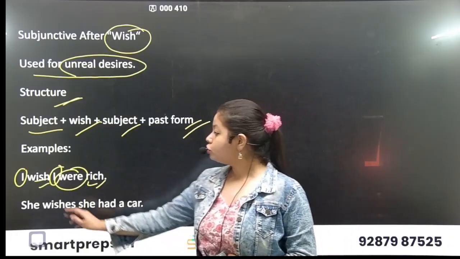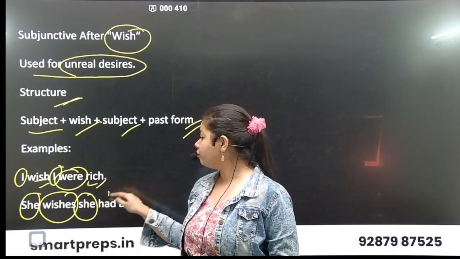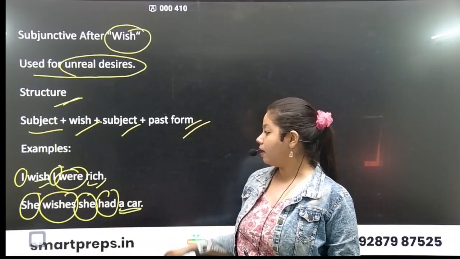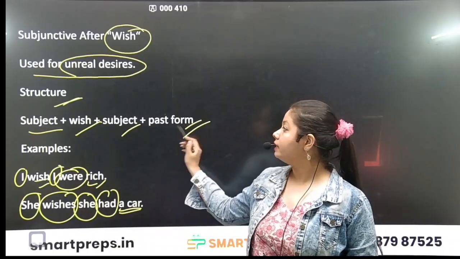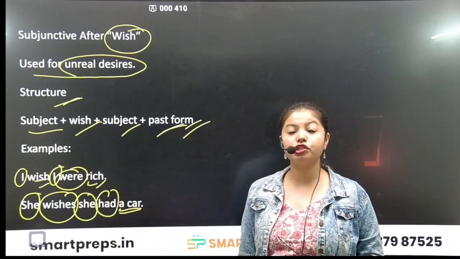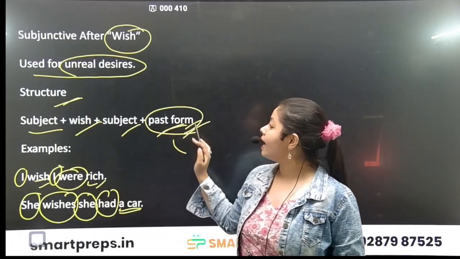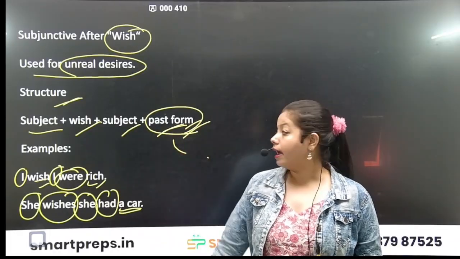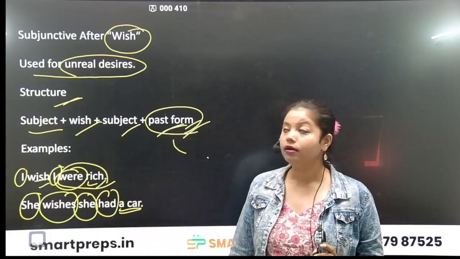She wishes she had a car. So in the past form, she had a car. At last the past form will be there: were rich, had a car. Understood?